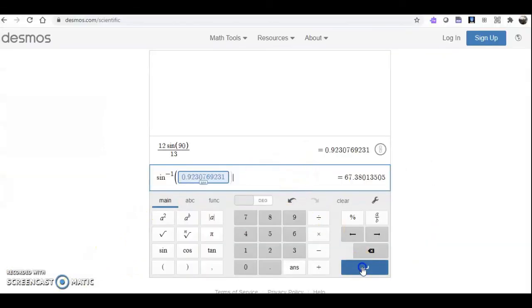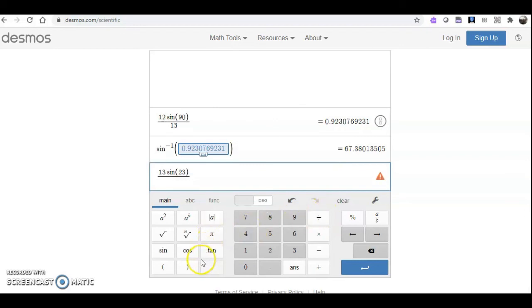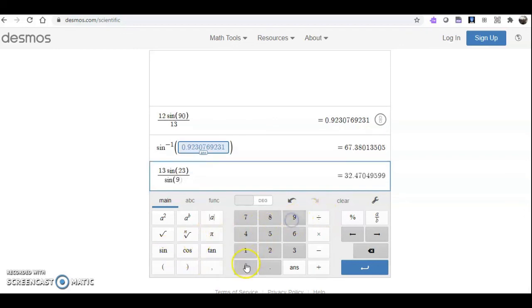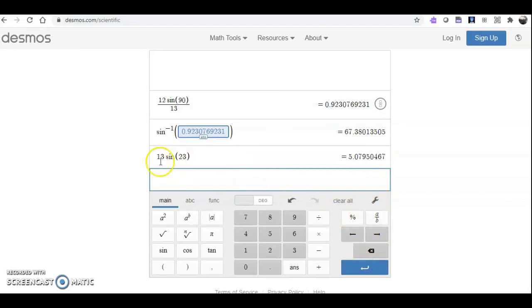So on the calculator with this one, now that I have 13 sine of 23, you see that answer. When I divide that by the sine of 90, I can even go back. Right, so when you multiply 13 sine of 23, you get that.